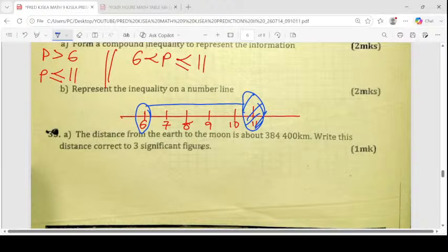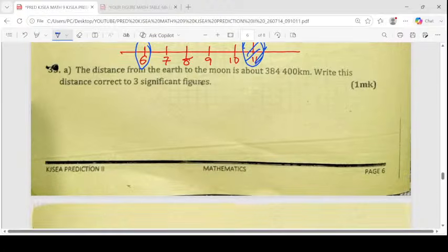Let us look at question number 30. The next question, part A, says the distance from the Earth to the Moon is about 384,400 kilometers. Write this distance correct to three significant figures. Ladies and gentlemen, all non-zero digits are always significant.